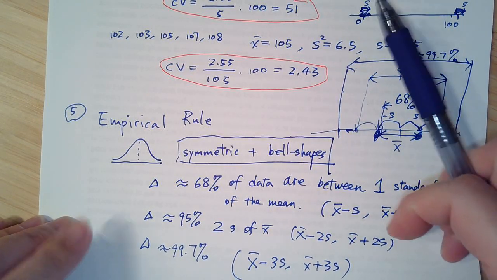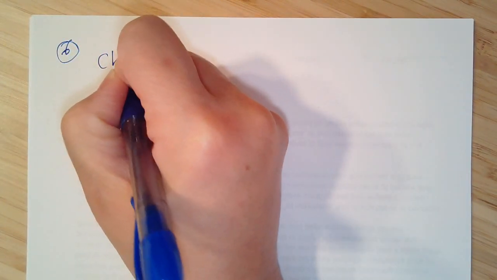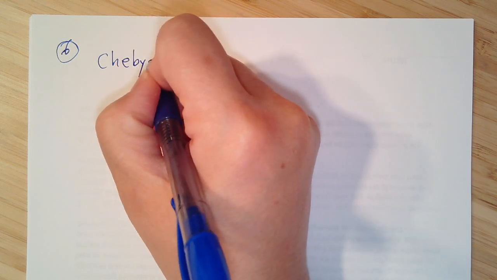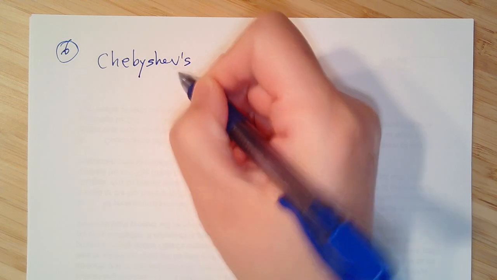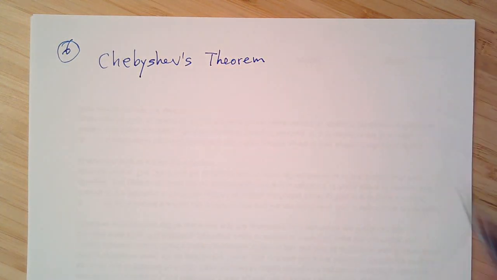Okay, there's another one, very similar, but the requirement is not that strong. It's called Chebyshev's. Chebyshev was a Russian mathematician. In this way, I don't really care about the distribution.